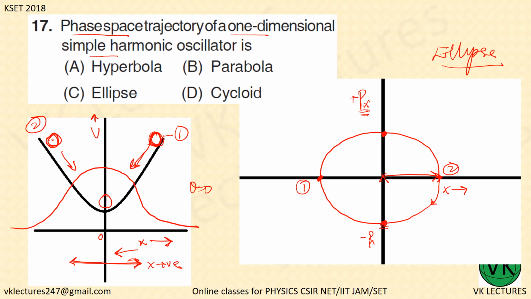When momentum equal to 0, x equal to extremum. x is being extended to extremum. At that point you have minimum momentum, that is 0. So phase-space trajectory means it is a graph, a plot between px and x.